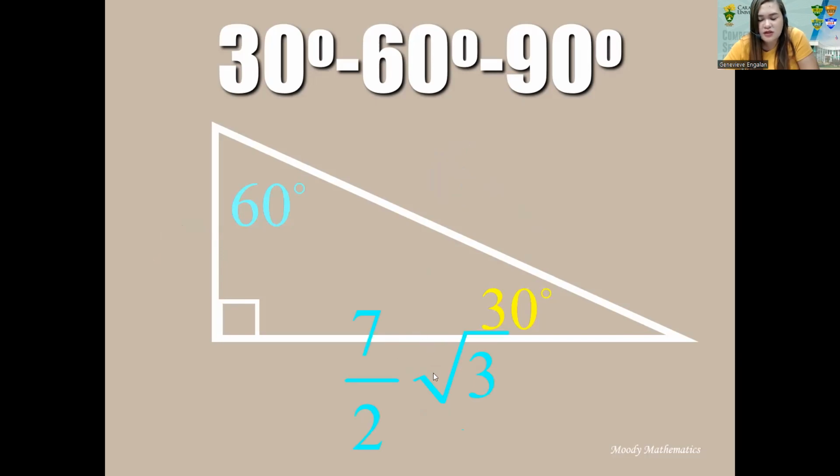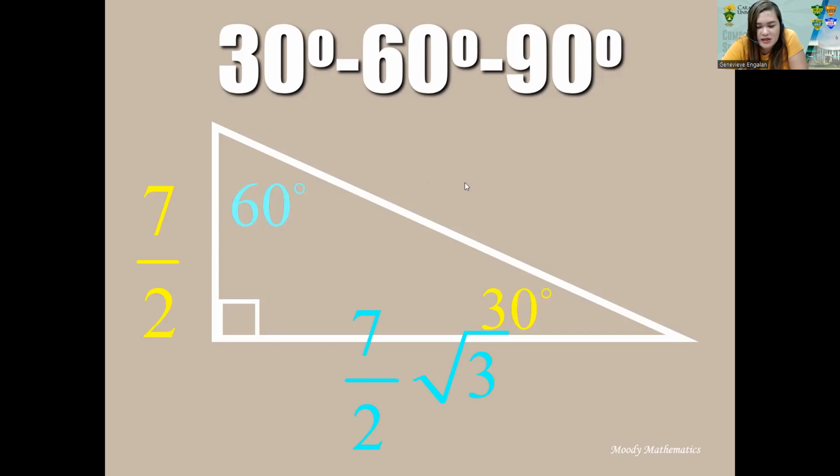If your longer leg is 7 halves times square root of 3, what is the shorter leg? 7 halves. Okay, 7 halves. Your hypotenuse? 14 over 4. Times 2 only. It's not times 2 over 2, just times 2. 14. Okay, 7 only. When we multiply by 2, the 2 cancels.